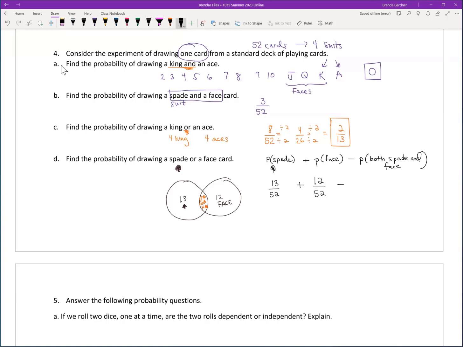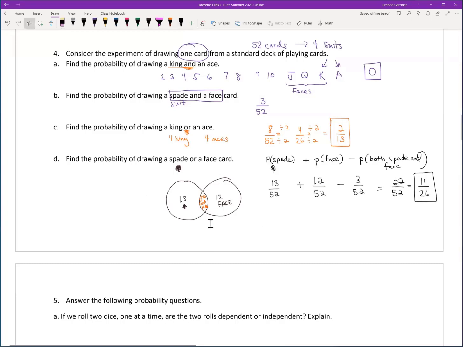So we're going to subtract out the 3 that are both. So 13 plus 12 is 25, minus 3 is going to be equal to 22 out of 52. Notice I don't reduce until the end. I like to keep that denominator 52, and that would be 11 out of 26.